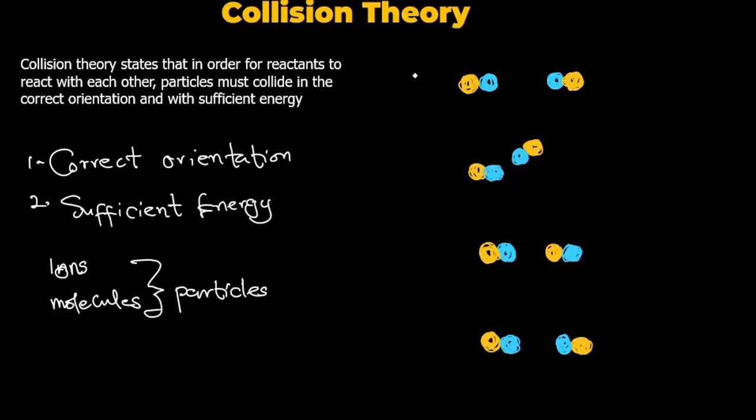So let's look at the right side of the screen. Over here, let's say these are particles of reactants, and for products to be formed from this reaction, we need to have the blue ends colliding with the blue end of another molecule. And for us to have a product, this collision must be a head-on collision. And if we are able to form a product, then we'll say that that collision is an effective collision.